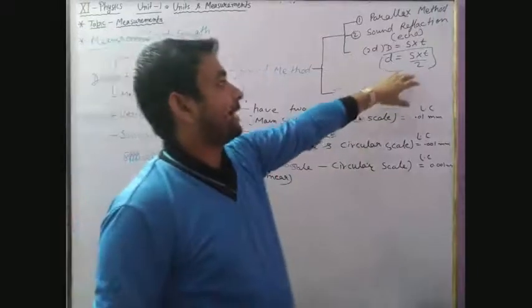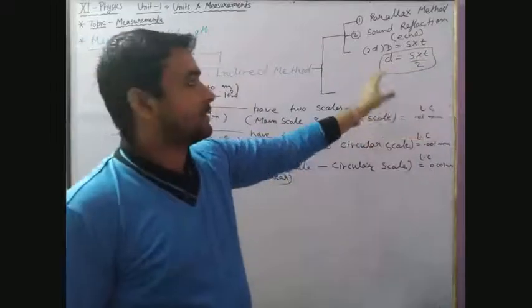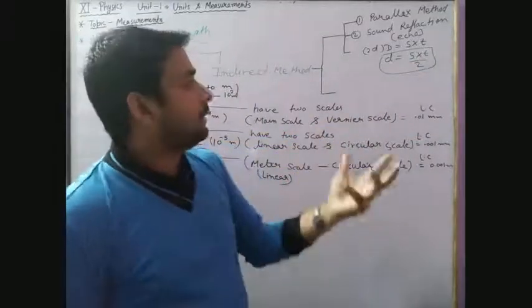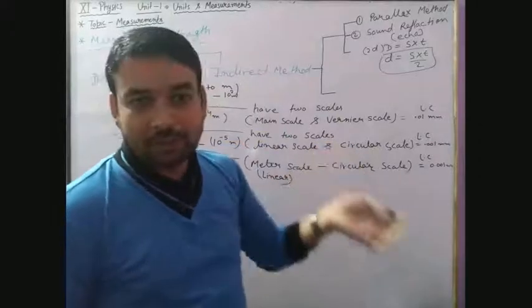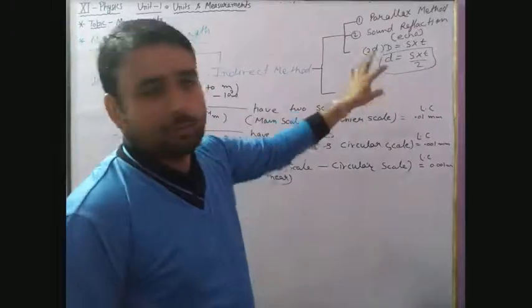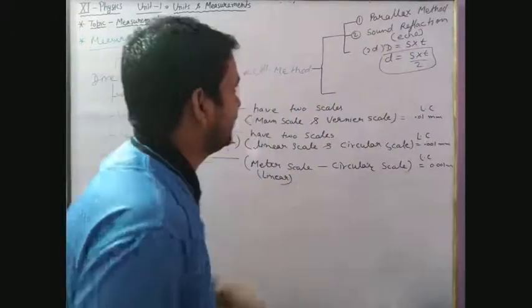After reflecting, we can calculate the distance. The speed of sound in liquid is about 320 kilometer, so it is calculated by this method of reflection of the echo.